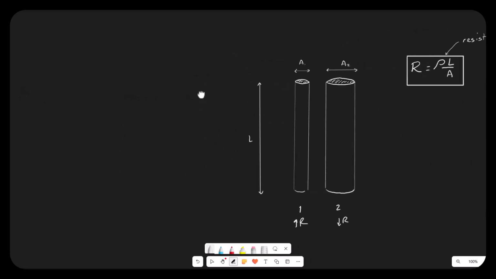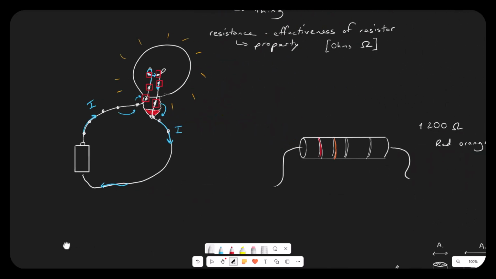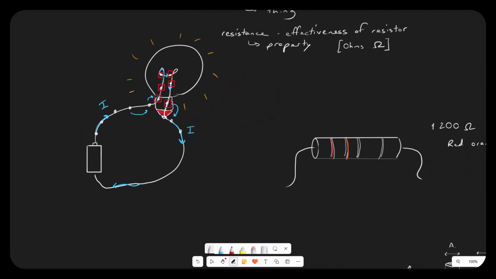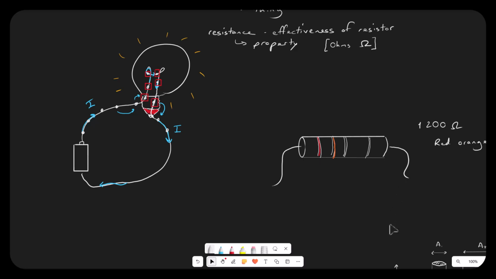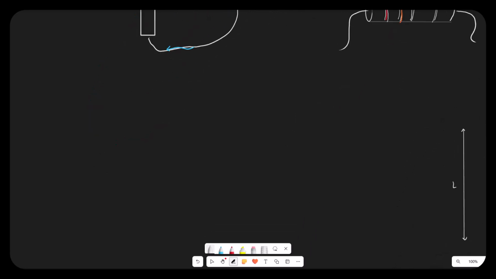Back here we talked about what a resistor does. And then the one other piece that we would like for resistors right now is what mathematically does a resistor do in a circuit. So I'm just going to draw a very simple circuit. Something like this.